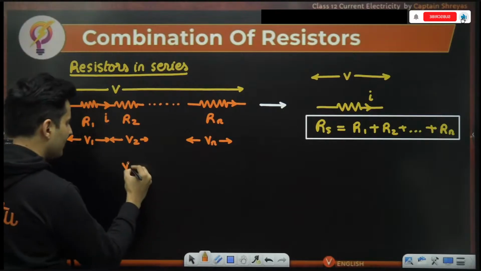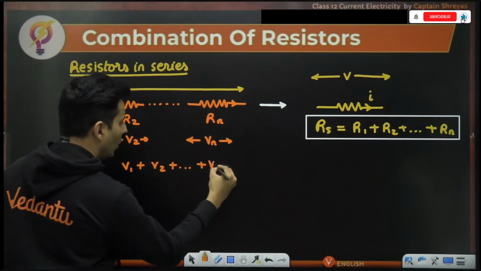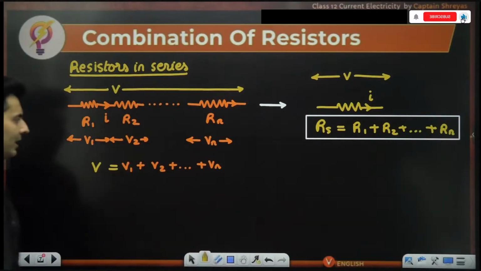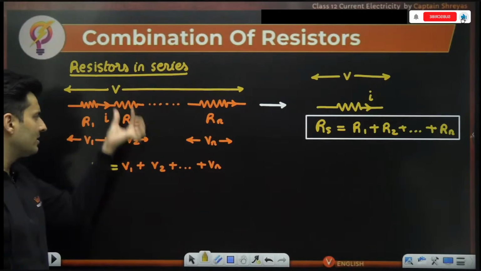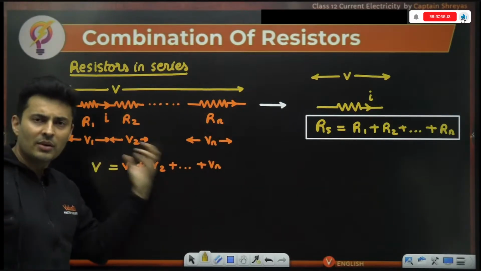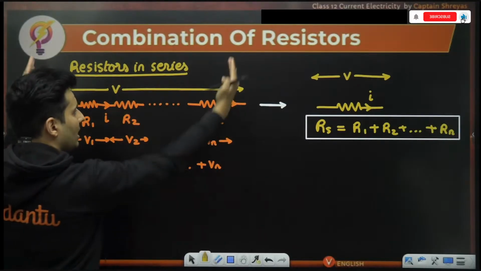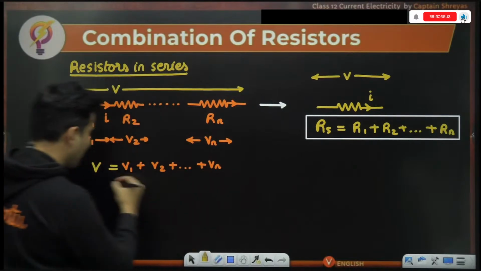If you add this V1, V2, V3 like that, all the voltages, what you get is the total voltage drop across the entire circuit. This has 2 volts, this has 3 volts, this has 1 volt, this has 7 volts. So all these things, 2, 3, 1, 7, etc. If you add these voltages, you will get the net voltage drop. So the potential drops add.